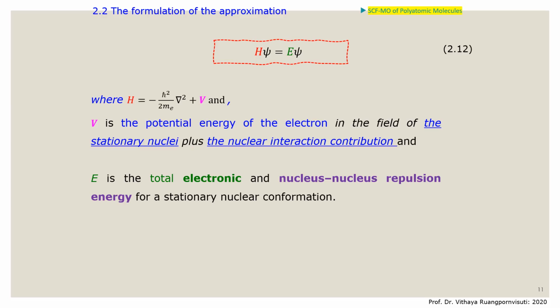The right term of equation 2.12 is the energy. E is the total electronic energy plus nucleus repulsion energy for a stationary nuclear conformation.